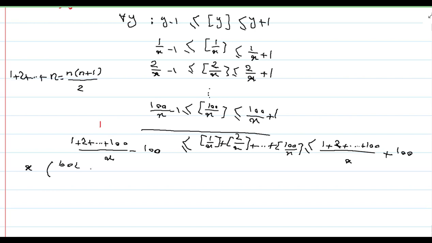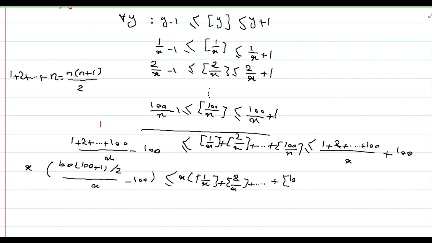So this will be equal to 100 times 100 plus 1 over 2 over x minus 100, and also the upper bound will be less than 100 times 101 over 2 over x plus 100.